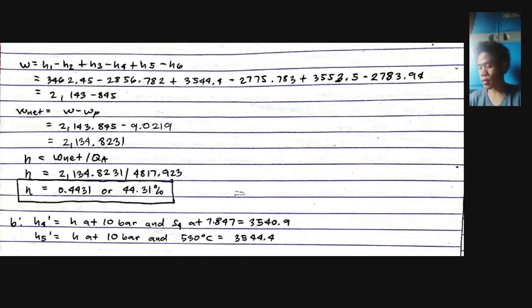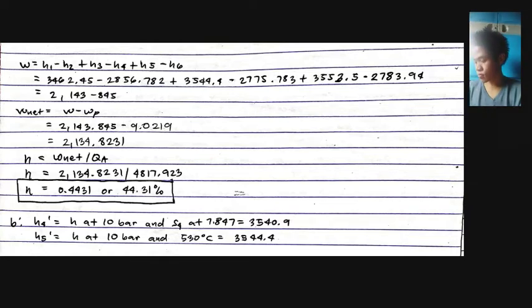So next, Wn or net cycle work equals W minus WP, the formula for net cycle work. Substituting the data, 2143.845 minus 9.0219 is equal to 2134.8231.